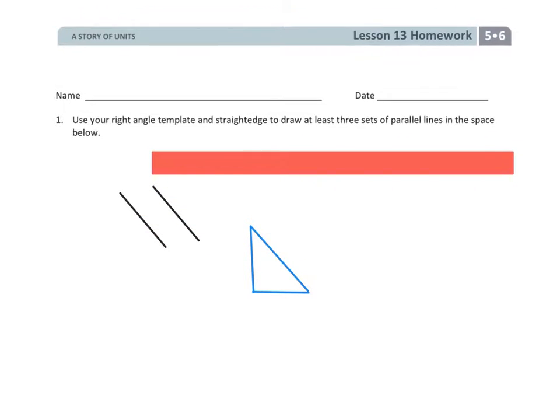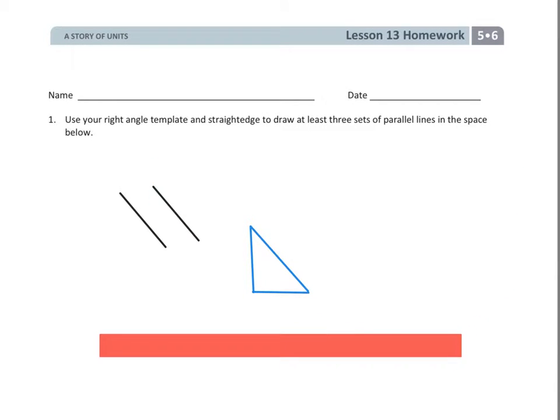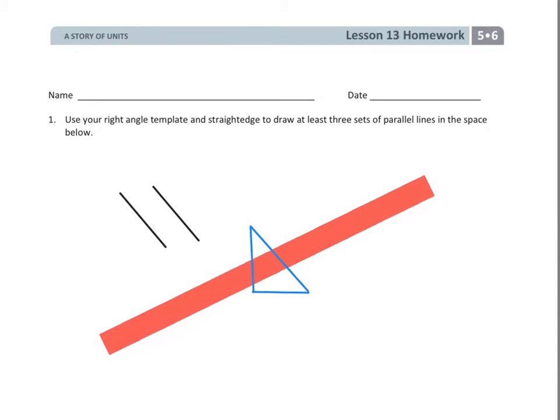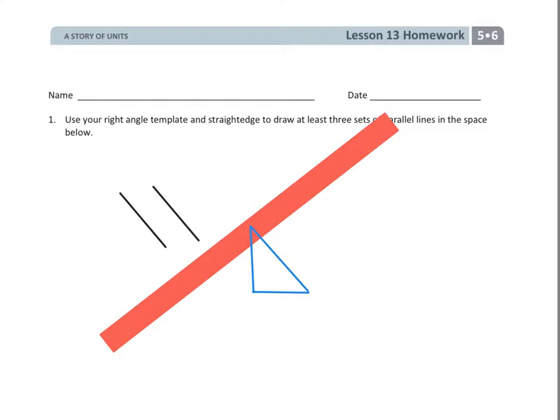So what I can do now is rotate my straight edge and rotate my right angle template and then draw a few more of these. So I'll do a rotation on this right now, and hopefully it's not crazy. There we go.